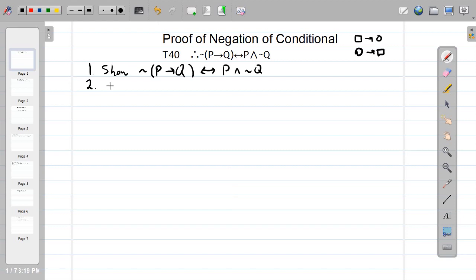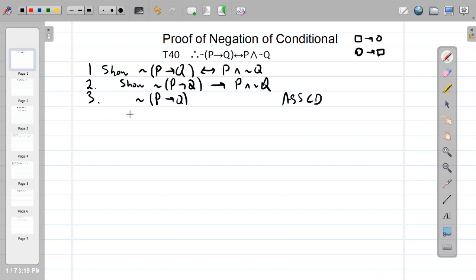We're going to show first, if not P then Q, then P and not Q, and then we'll try to do the other half. That means that we get to assume if P then Q for conditional derivation. And now we're going to try to show on that basis P and not Q.